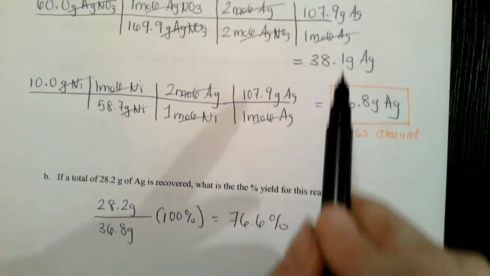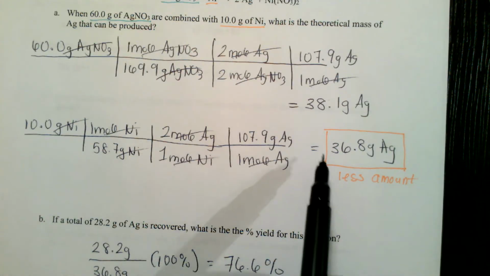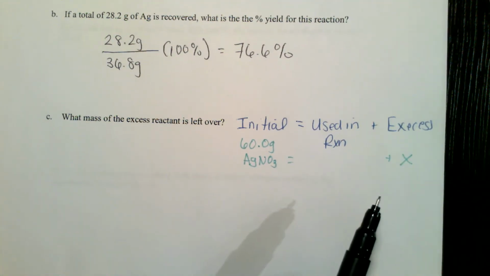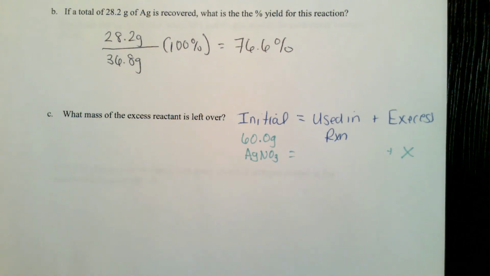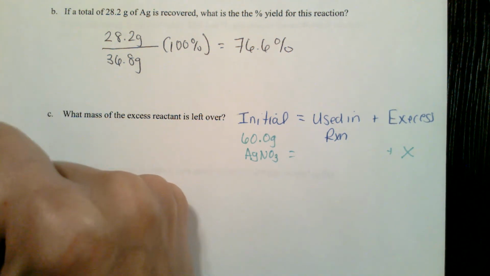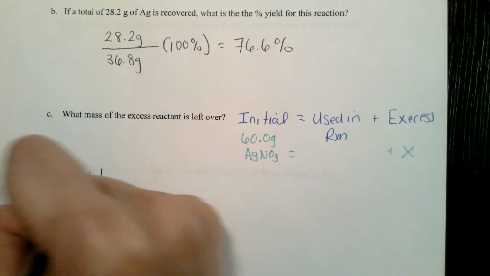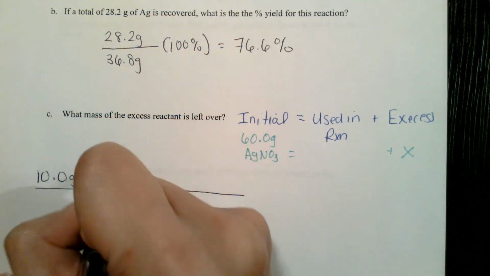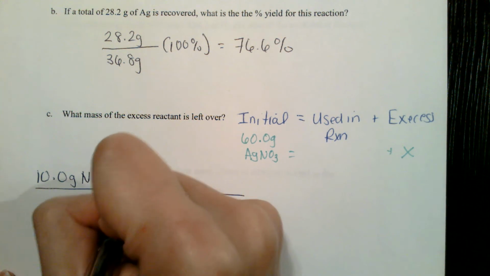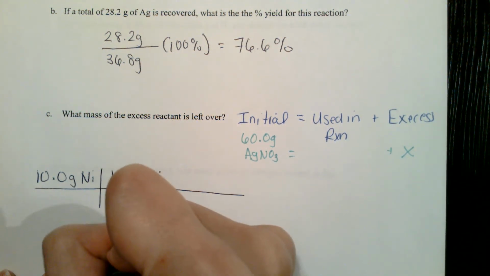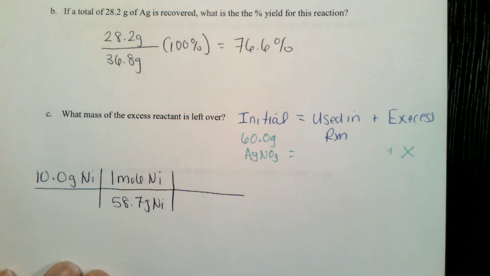We're not just going to take the difference between these two; it doesn't really work that way. We have to actually calculate what was used in the reaction and what is left over. So it involves one more stoichiometry setup. We know 10 grams of nickel were used in the reaction, so I'm going to pull my 1 mole of nickel per every 58.7 grams of nickel from above.